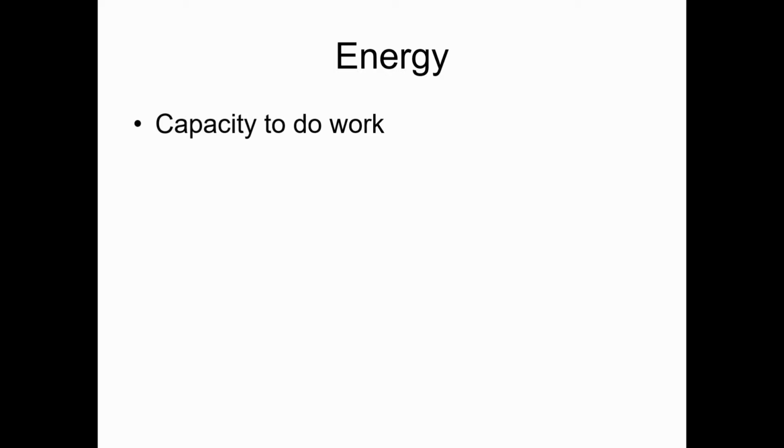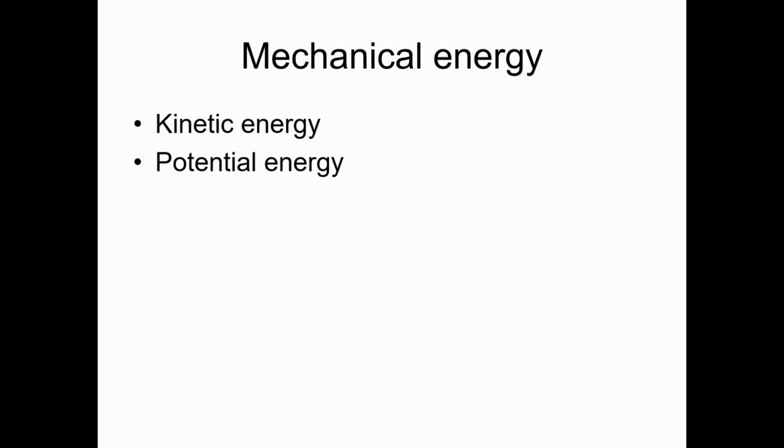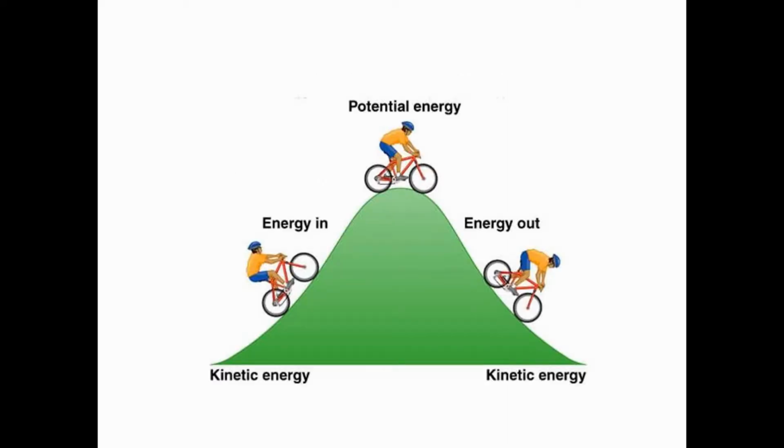While talking about energy, it is a capacity to do work. Then in this chapter we have to study about mechanical energy, and this mechanical energy is again classified as kinetic energy and potential energy.